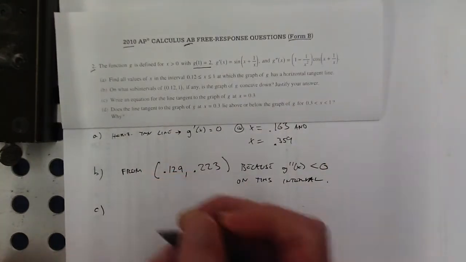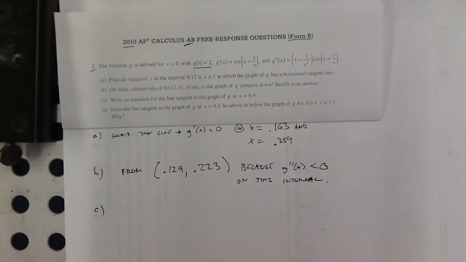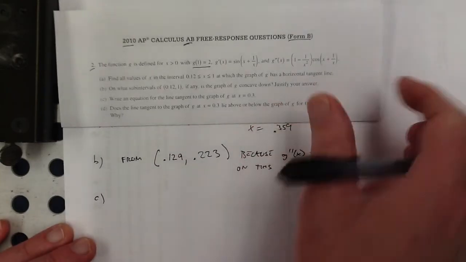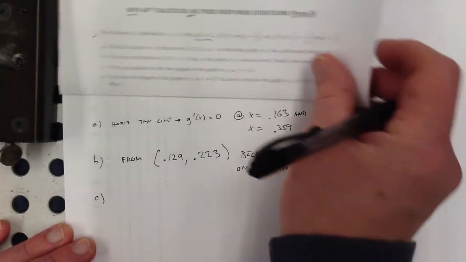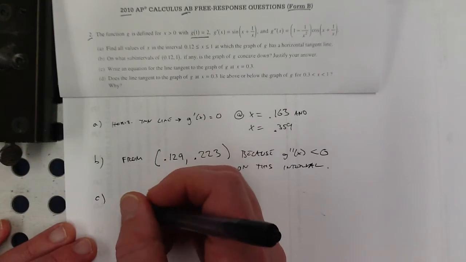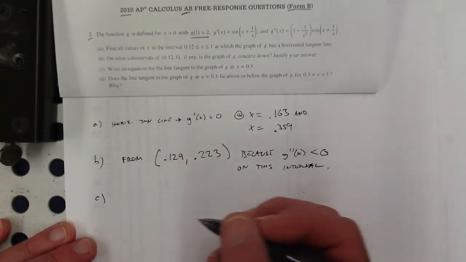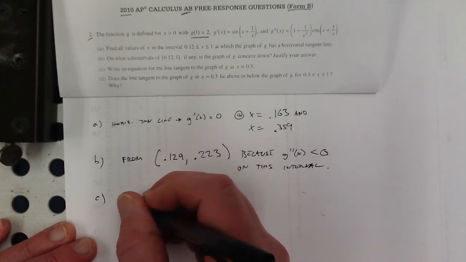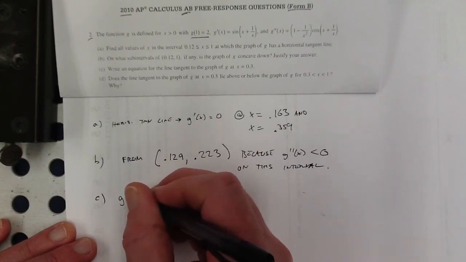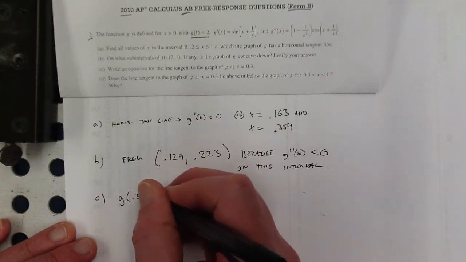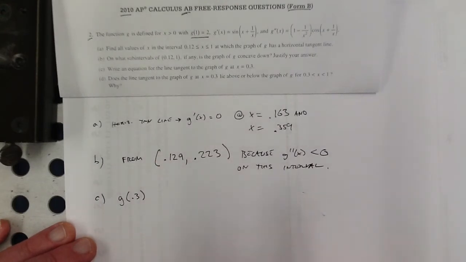Okay? Write an equation for the tangent line to the graph of g at 0.3. Okay, that's easy to do. So to write the equation for the tangent line, I need a point and I need the slope. So the point I'm going to get by finding g of 0.3, and uh-oh, well, I don't have the g function, so how do I do that?